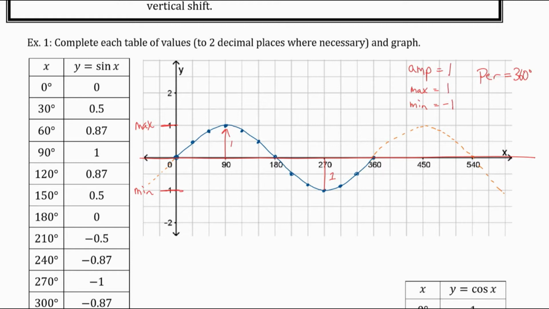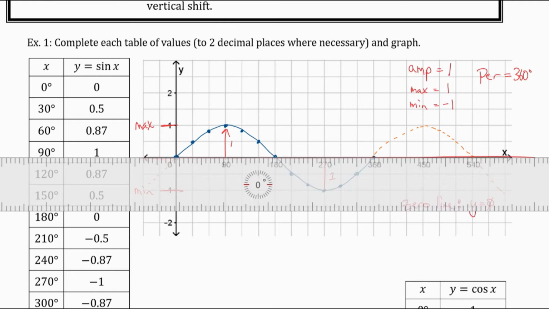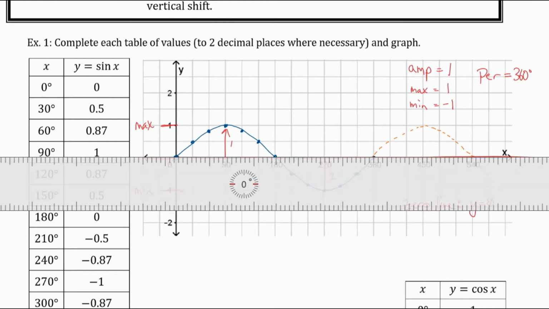Last thing I want to talk about, it's not one of the properties that we talked about before, but it's going to be important for what we do, and it's called the zero line, okay? And it is the middle. So the zero line of this one is y equals 0. We usually write it that way as an equation, y equals something. It's always a horizontal line. And it is where the middle of the graph vertically is.